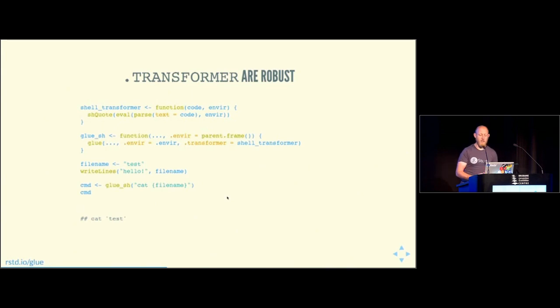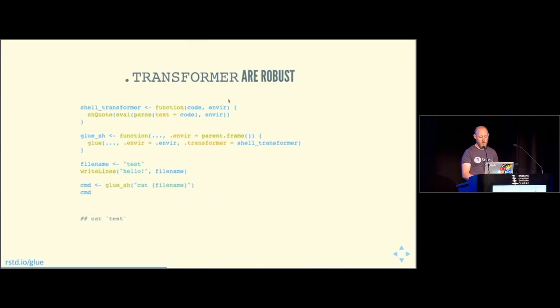Another way you can customize your glue behavior is with transformers. These are functions that allow you to change how the code inside of the braces is interpreted. In this case, I'm defining a shell transformer which shell quotes the values.